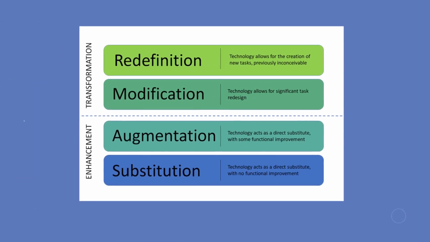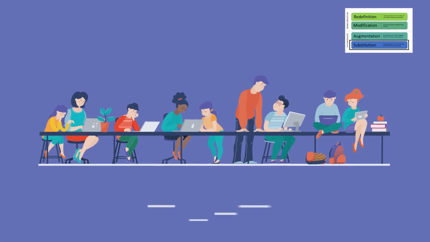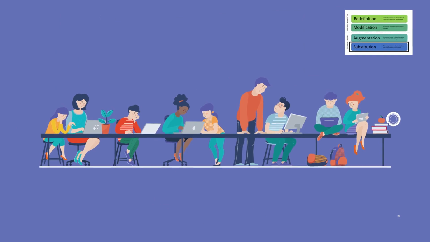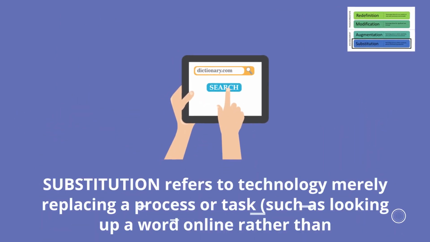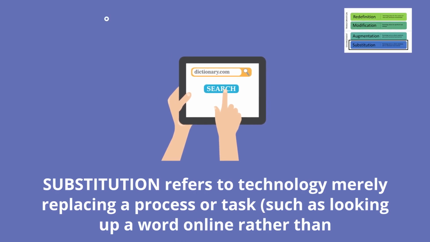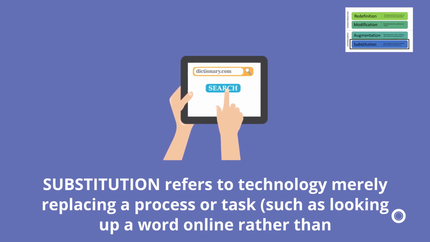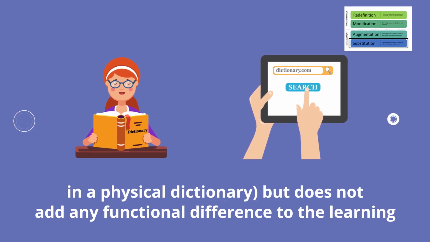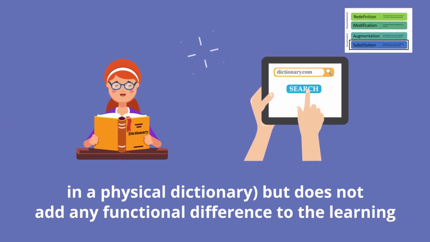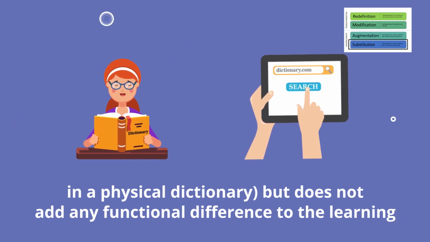At the bottom of the model is substitution. Arguably, most teachers begin incorporating new technology into their classroom in this substitution capacity. Substitution refers to technology merely replacing a process or task, such as looking up a word online rather than in a physical dictionary, but does not add any functional difference to the learning.